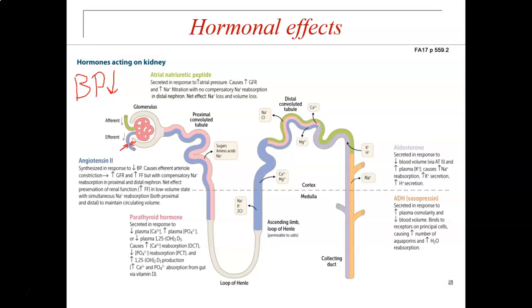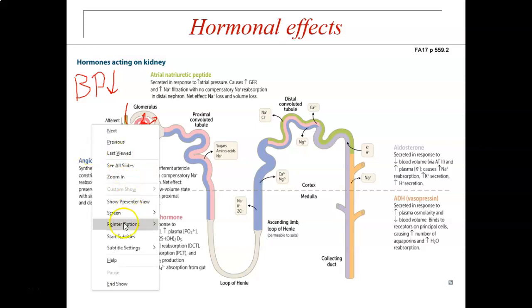efferent arteriole, remember, that's what carries blood out of the glomerulus. The afferent carries blood into the glomerulus, blood's flowing around, producing filtrate. The leftover blood then leaves the glomerulus via the efferent arteriole.